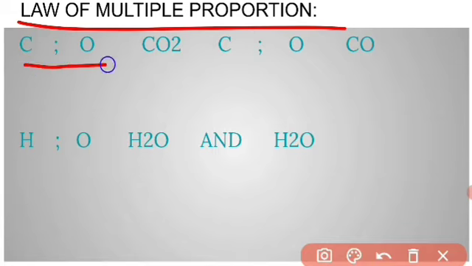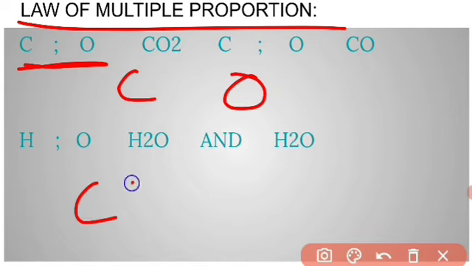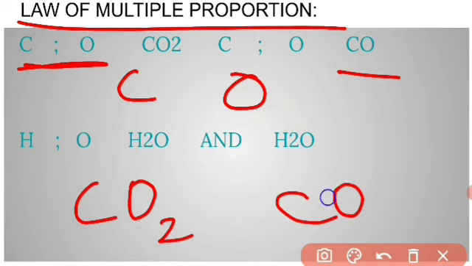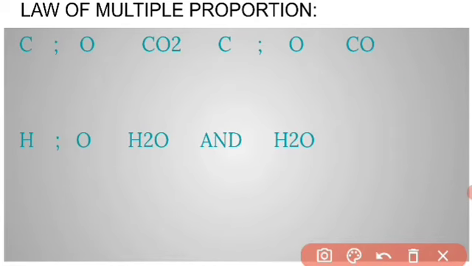They are saying that when two elements, let us say carbon and oxygen, form more than one compound, say one compound is carbon dioxide and another compound is carbon monoxide. So there are two compounds formed by some two elements. Now we know carbon is 12, oxygen is 16.